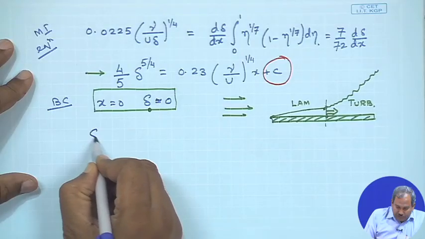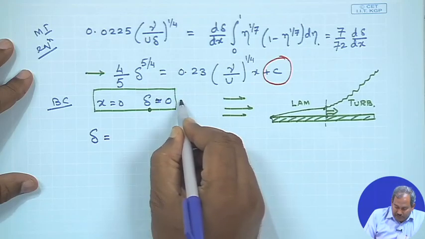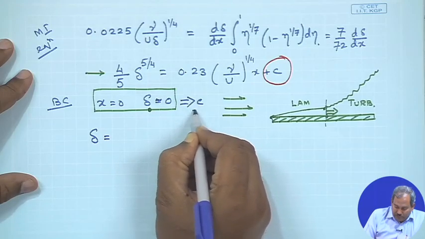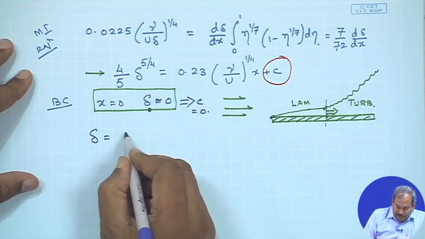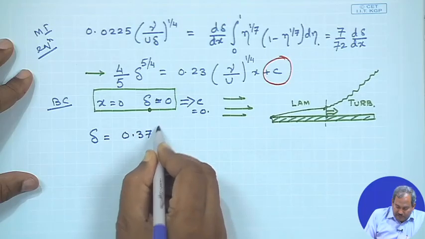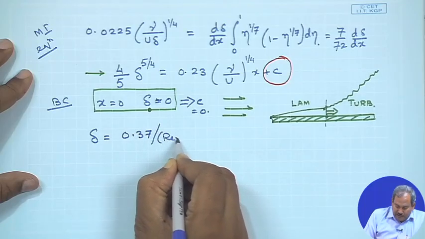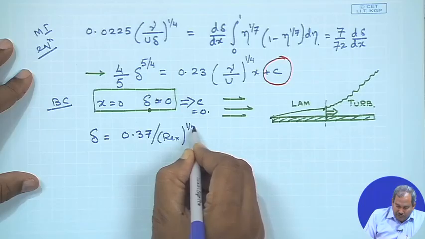Okay. So, we will still then use the boundary condition that at x equals 0, delta is equal to 0. So, when we do that, this would give C to be equal to 0, and delta would simply be equal to 0.37 x by Re_x to the power 1/5.